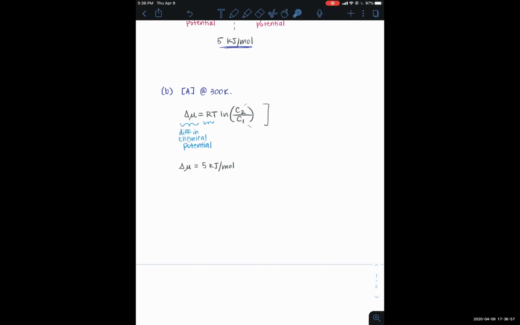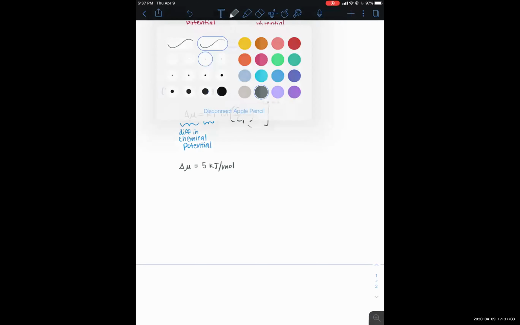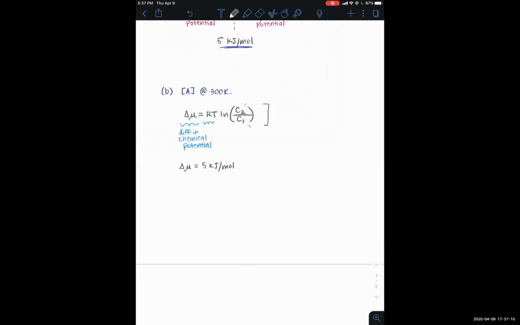That means that ln of C2 over C1 is also positive, and that means that C2 must be greater than C1. So we know that C2 is going to be the higher concentration, and C1 is going to be the lower concentration.